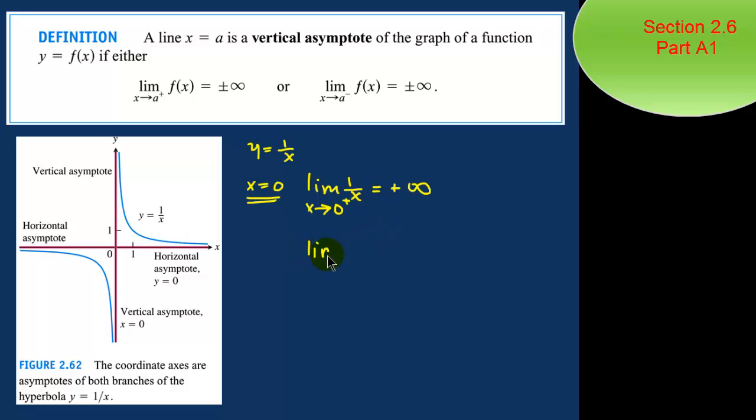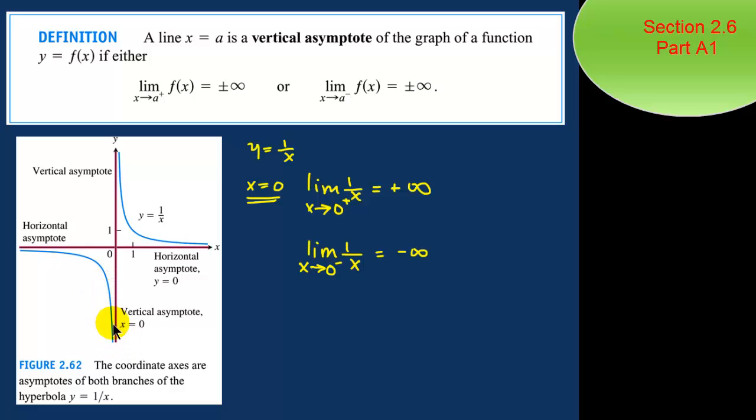If I take the limit of 1 over x as x approaches 0 coming from the left, I'll try values that approach 0 from the left, say negative 0.1, negative 0.01, negative 0.001, and when you take those reciprocals, they become very, very negative numbers, so the limit of this ratio is minus infinity. And look, the vertical asymptote, indeed, is the y-axis, which is the vertical line x equal to 0.